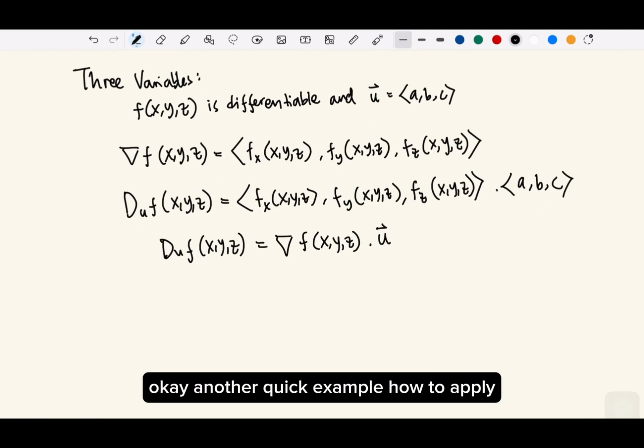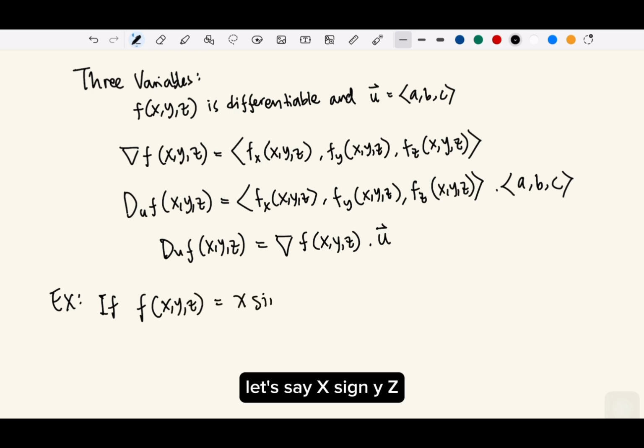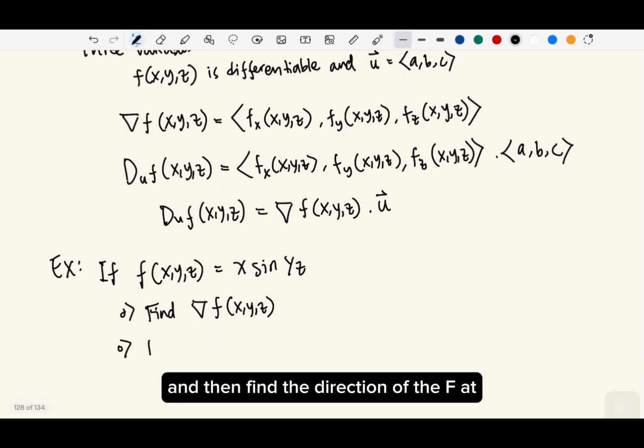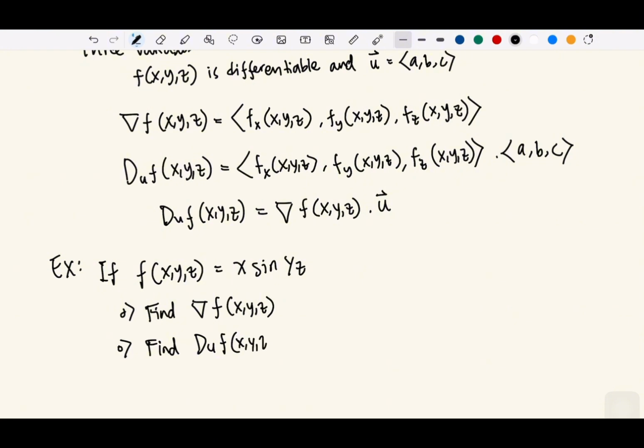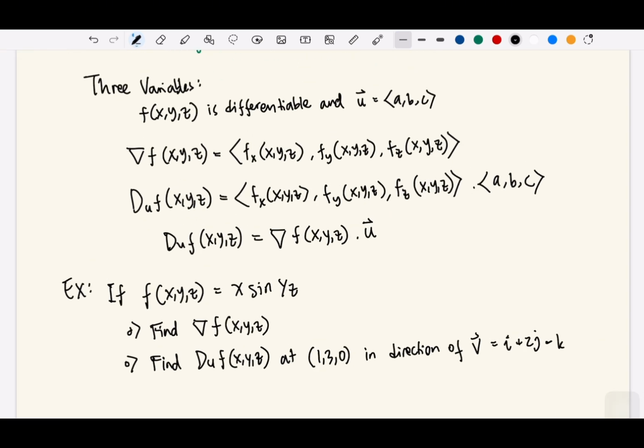Okay, another quick example of how to apply this. If we have a function, let's say x sine yz, find the gradient of f, and then find the directional derivative of f at 1, 3, 0 in the direction of the vector i plus 2j minus k.